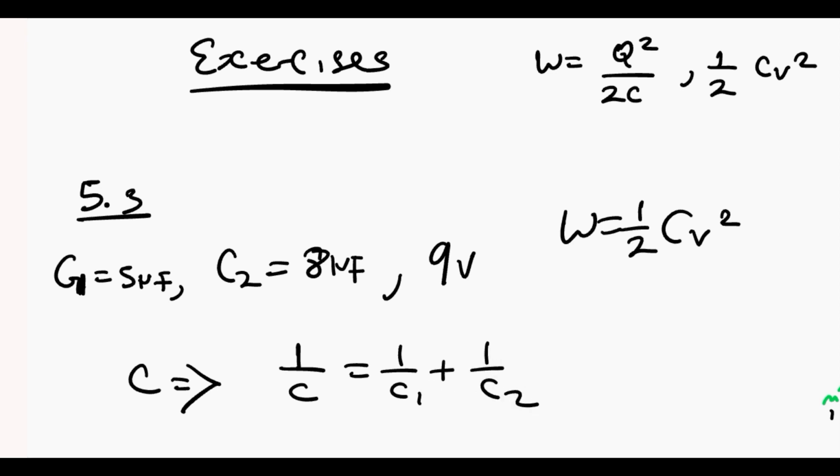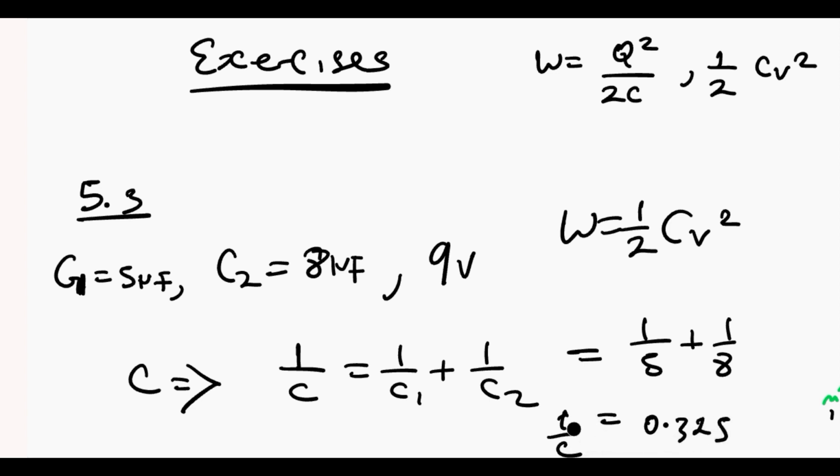That means this is the same thing as 1 over 5 plus 1 over 8. You press that in your calculator, no time to be doing fractions. Those are for primary school children. So you have 1 over C as 0.325.